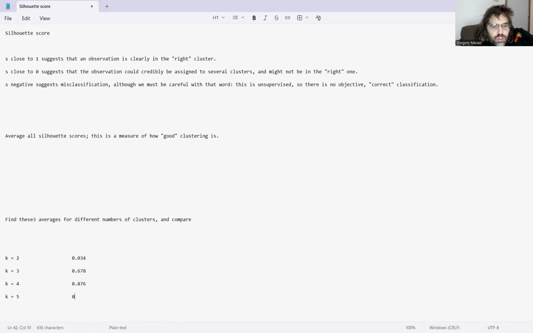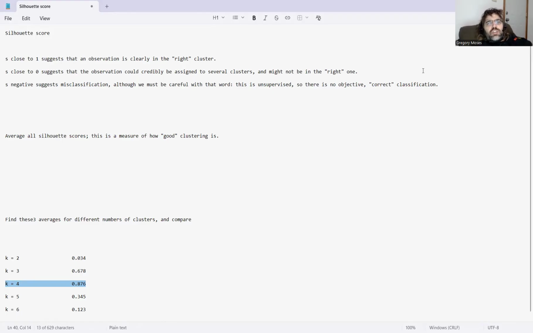Five clusters, this. Six clusters, that. The average silhouette scores are suggesting to you that maybe four clusters are the way to go.